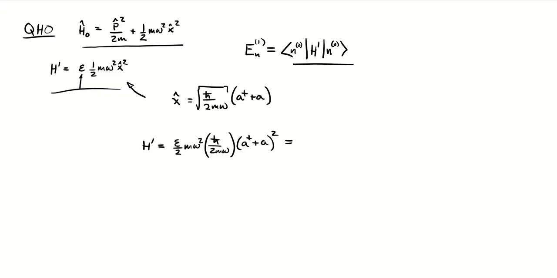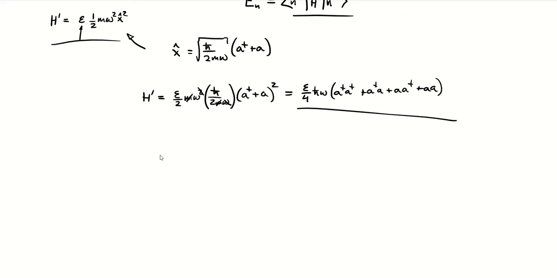So simplifying this a bit, the m's cancel, so does one of the omegas, and we have epsilon over 4 h bar omega. If we carry this square out, we have a dagger a dagger plus a dagger a plus a a dagger plus a a. And we have our Hamiltonian written in terms of those operators.